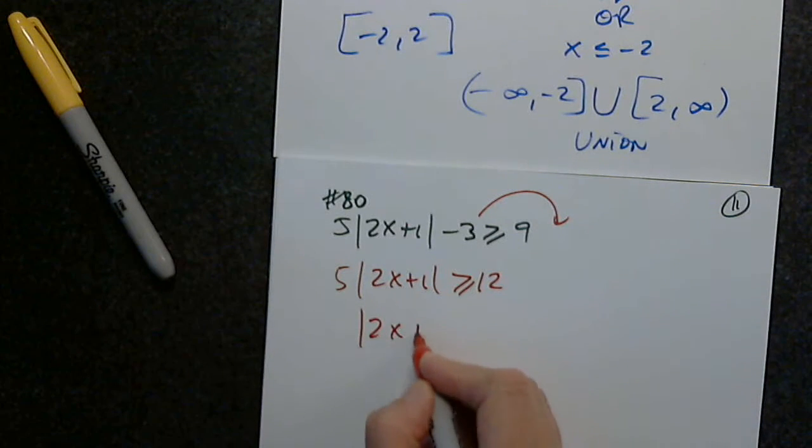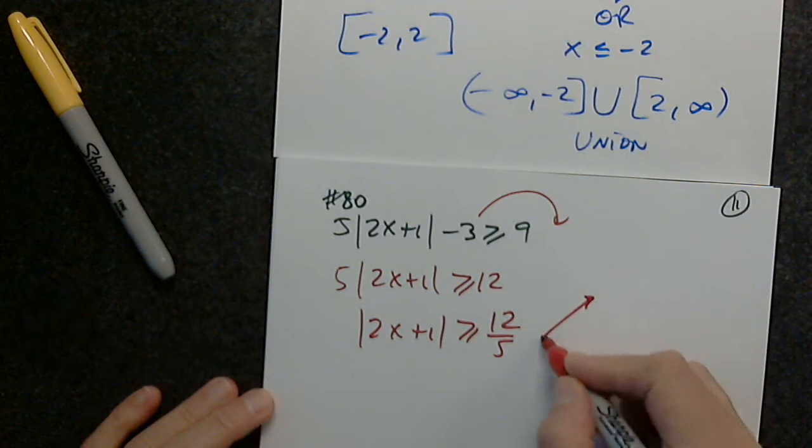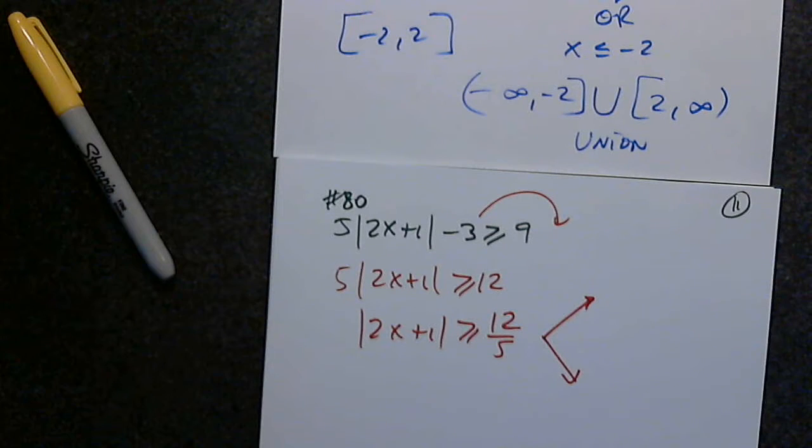Then the absolute value of 2x plus 1 is greater than or equal to 12 fifths. Now I can make a decision. Is it the easy one, the in between? Of course not. Or is it the outside? Since it is the outside, you're going to give me 2 inequalities to solve.